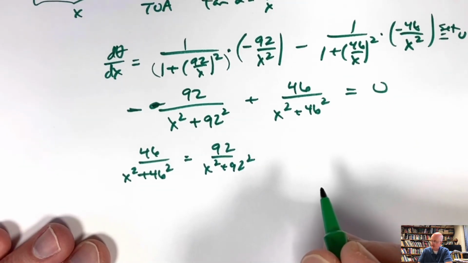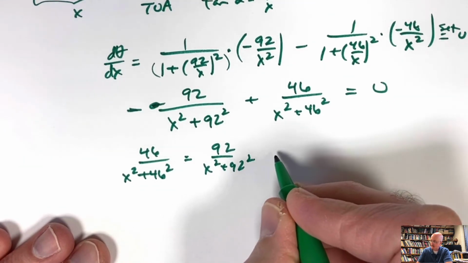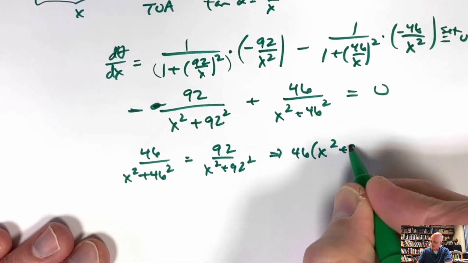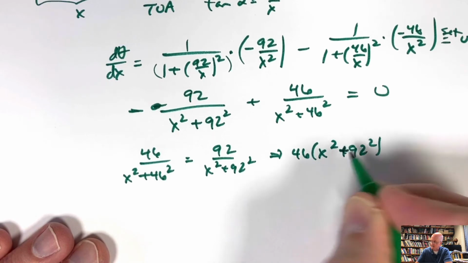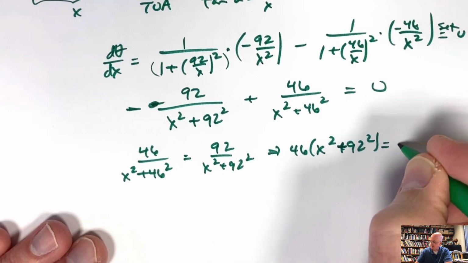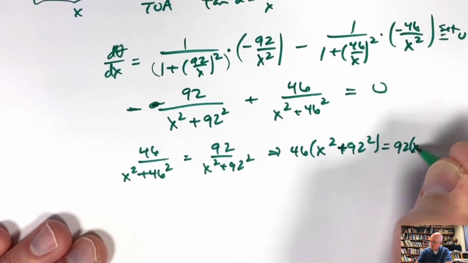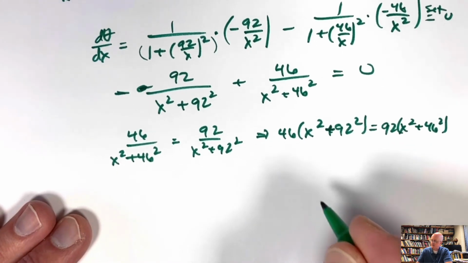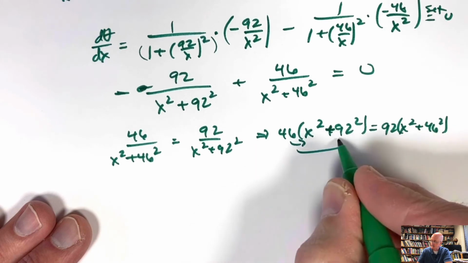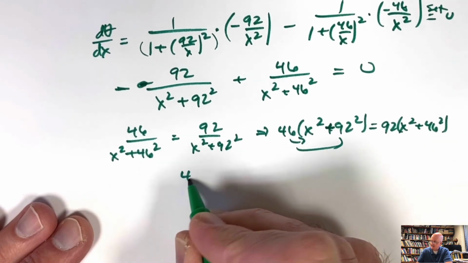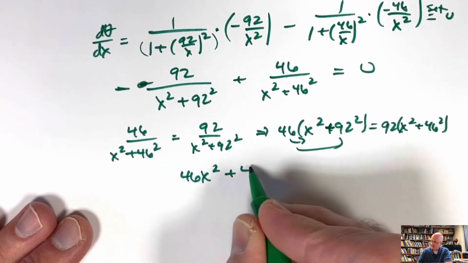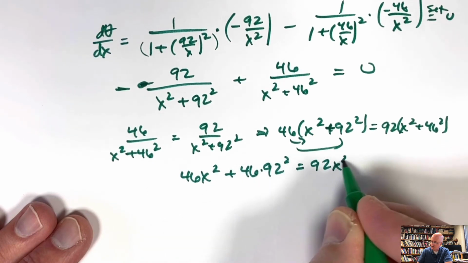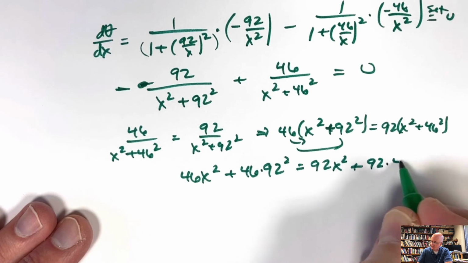Now cross multiply effectively. 46 times x squared plus 92 squared, trying to avoid my calculator as long as possible here, equals 92 times x squared plus 46 squared. Distribute these things through. 46x squared plus 46 times 92 squared equals 92x squared plus 92 times 46 squared.